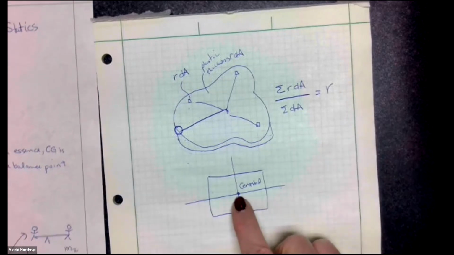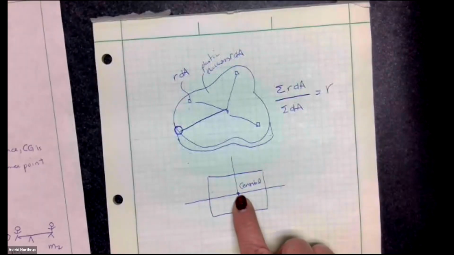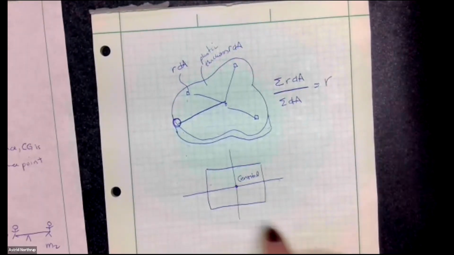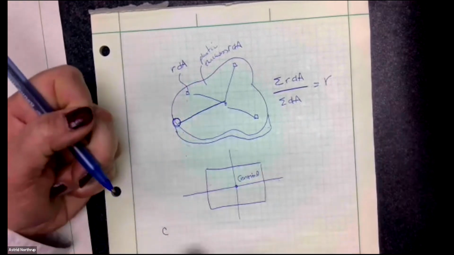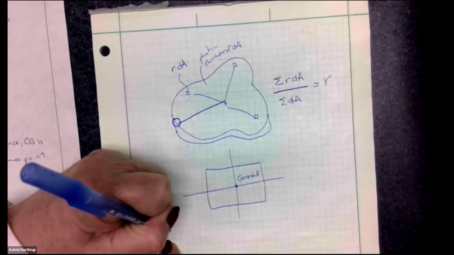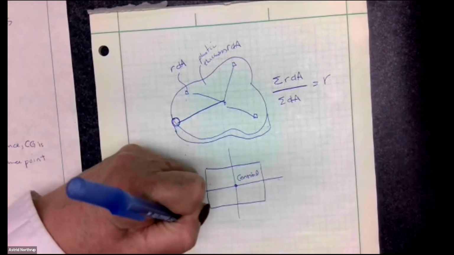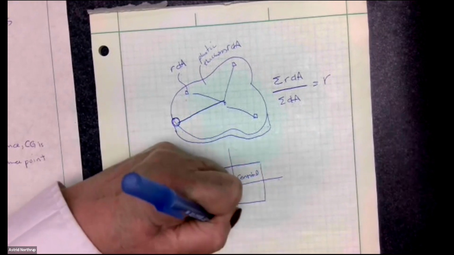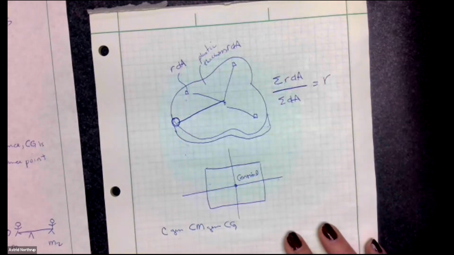So for our discussion, because we're really going to focus more on the idea of a centroid, in general, the centroid, which is usually just called C, generally corresponds to the center of mass, which generally corresponds to the center of gravity. And in engineering terminology, we sometimes use those terms interchangeably.